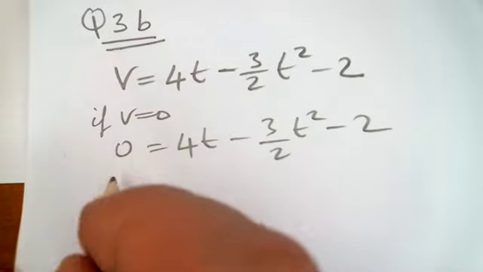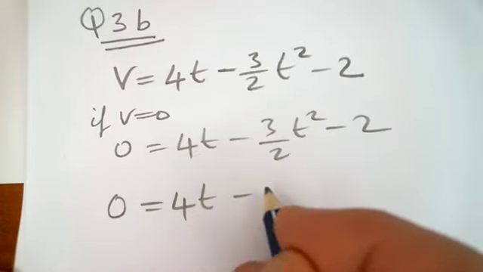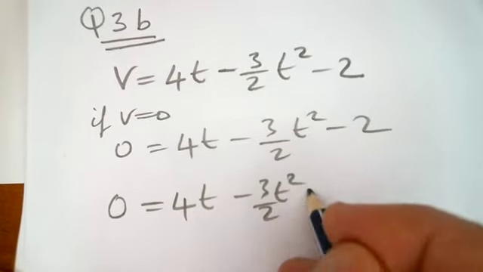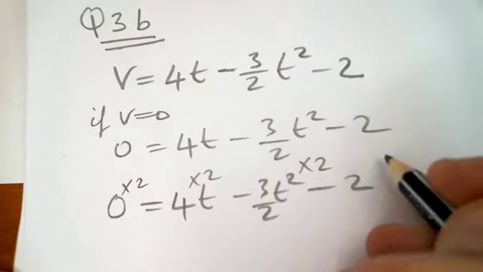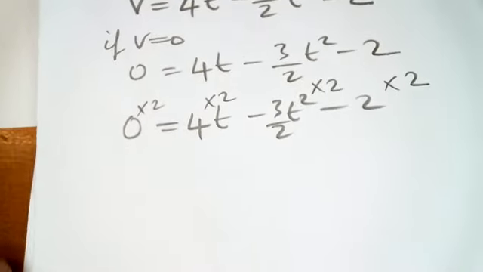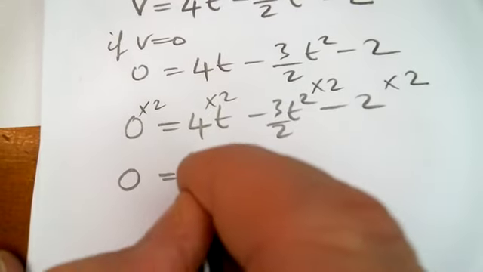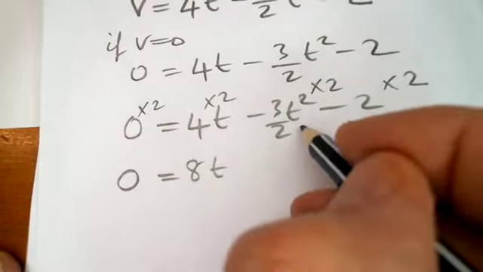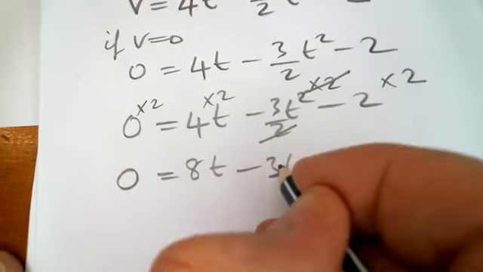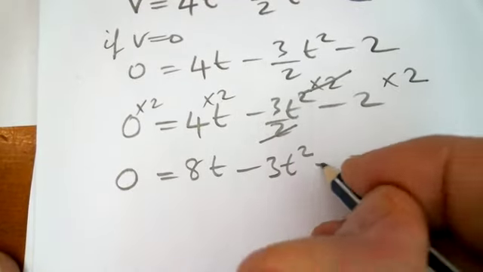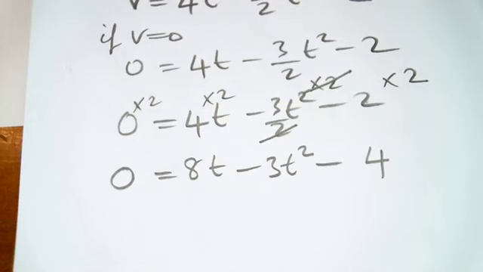I'll rewrite this out to show what I'm doing. 2 times 0 is still 0. 4t times 2 is 8t. But now I've got 2 divided by 2, leaving me with minus 3t squared. Minus, or 2 times 2 is 4. So that's now my quadratic.